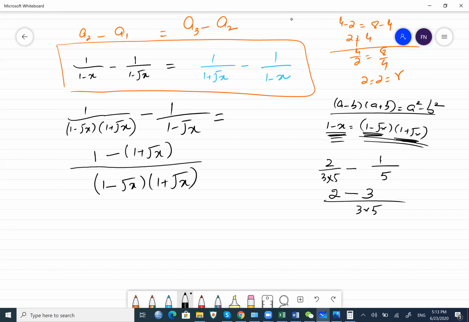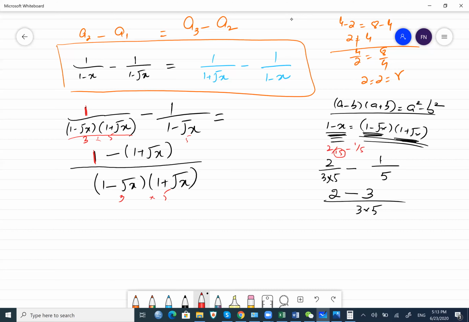Instead of writing 15, 2 by 15 minus 1 by 5, I just write it 3 times 5 to make it similar to this situation. Now you can assume that this is 3, this is 5, this is 5, this is 3, and this is 5. 3 and 5 will cancel out with this 3 and 5. We will get 1. 1 will multiply with this one and we will get 1 here. Is that clear?